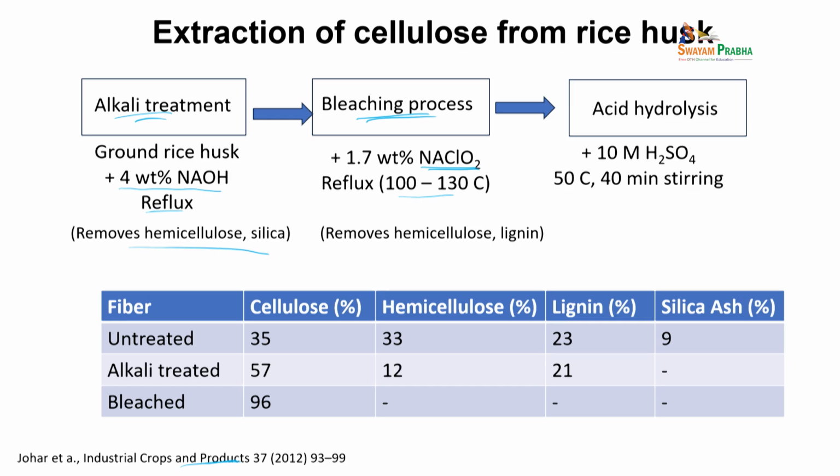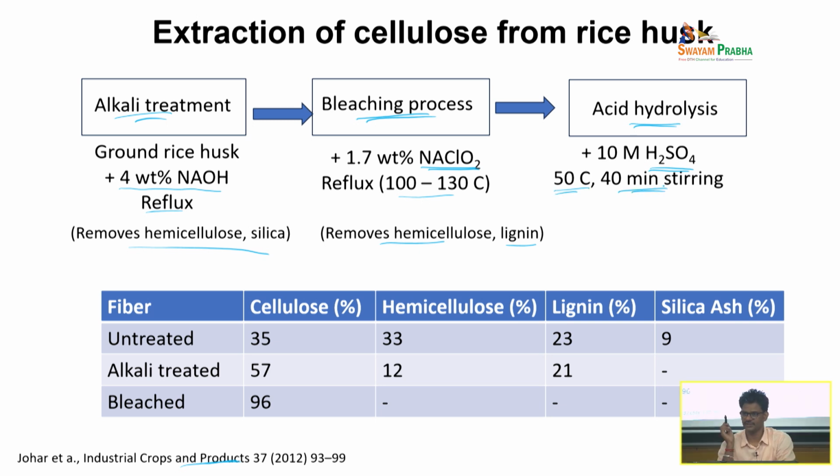In this process, the remaining hemicellulose and lignin will be removed. Subsequently, there is also an acid treatment, usually with sulfuric acid. One can also use other acids, nitric acid and other things. But this is at a slightly milder condition, like 50 degrees Celsius and about 40 minutes of stirring.